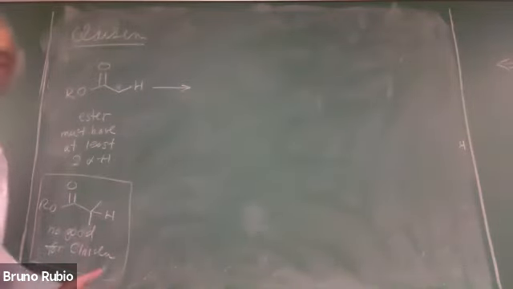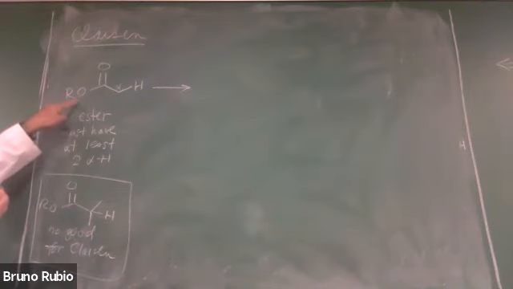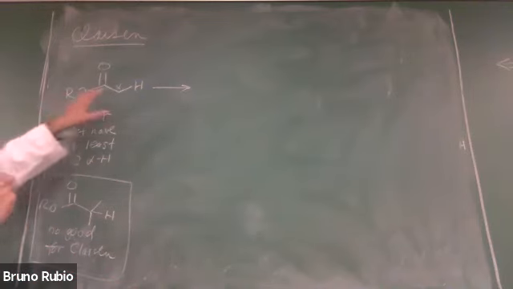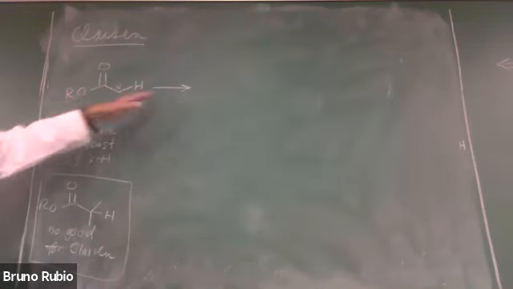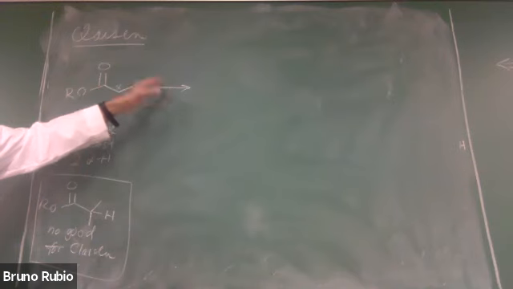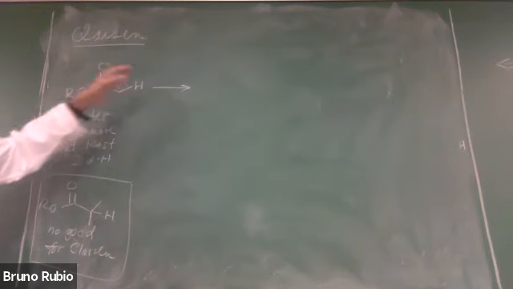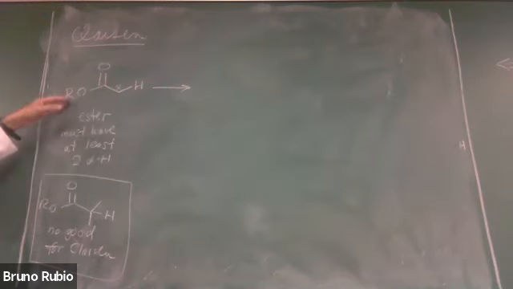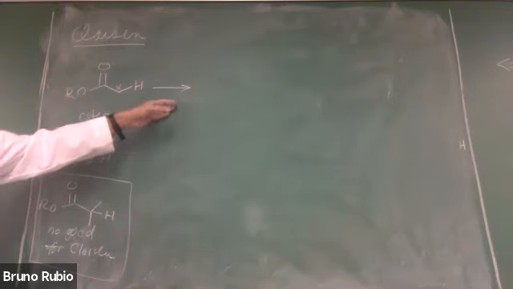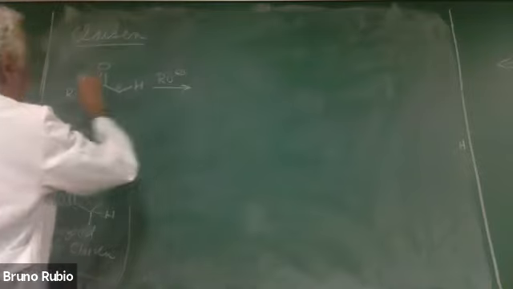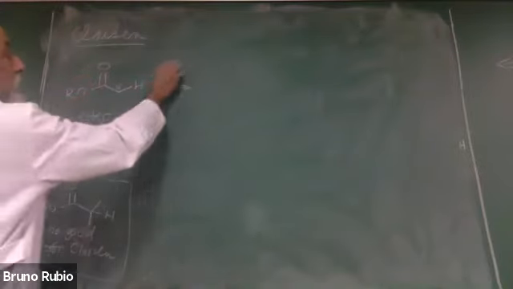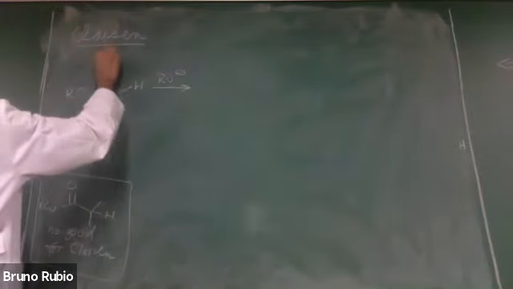And in the Claisen, it's very important to match up the ester portion of the ester to the base. So if I use OMe here, what's the right base to use? MeO minus. If I use EtO here, what's the right base to use? EtO minus. So this guy here and this guy here, they have to match up.